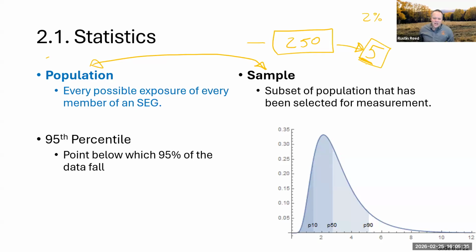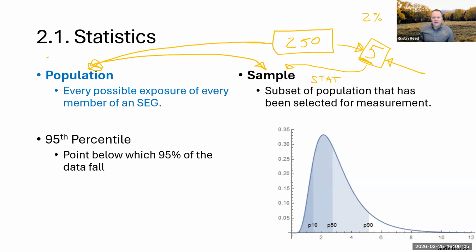The 5 samples is what we would refer to as a sample in statistics. The 250 exposures, we would refer to as the population. So we can estimate different things where we can calculate the geometric mean, the median, the 95th percentile.